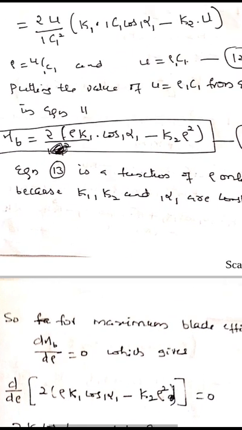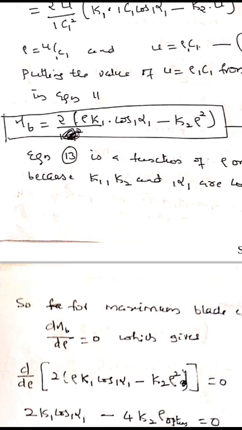Now we can see that blade efficiency is a function of rho. As K1 and alpha 1 are constants, blade efficiency is a function of only rho. So blade efficiency increases up to some value of rho, becomes maximum and then decreases.